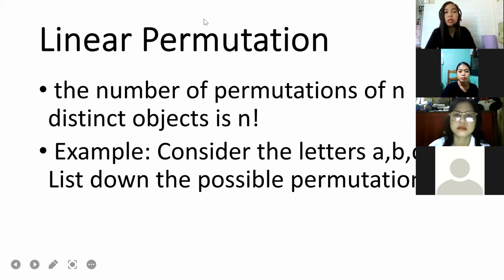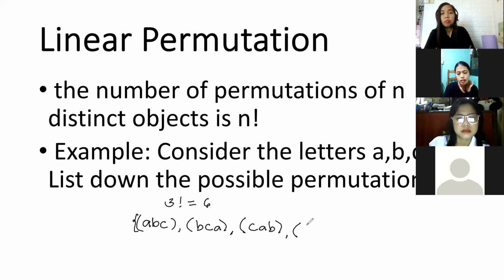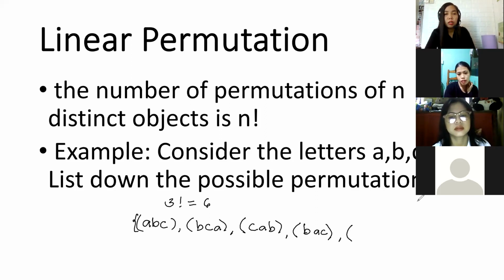If we are going to list the possible permutations, we have 3 factorial, which is equal to 6: ABC, BCA, CAB, BAC, ACB, and let's see, do we have CBA?